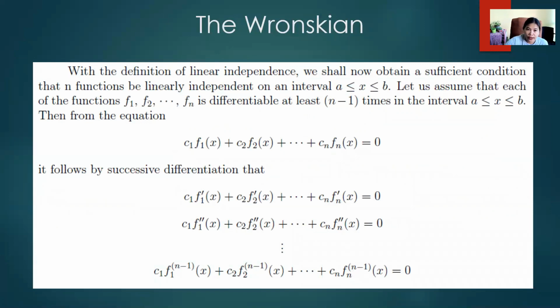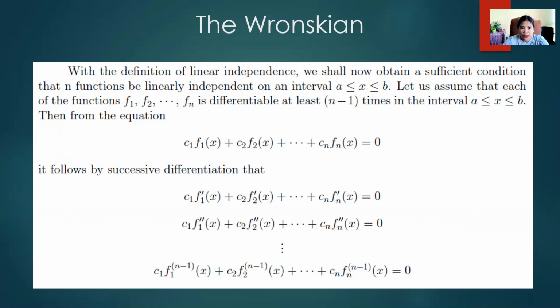Now we go to the Wronskian. With the definition of linear independence, we shall now obtain a sufficient condition that n functions be linearly independent on the interval x greater than or equal to a but less than or equal to b.